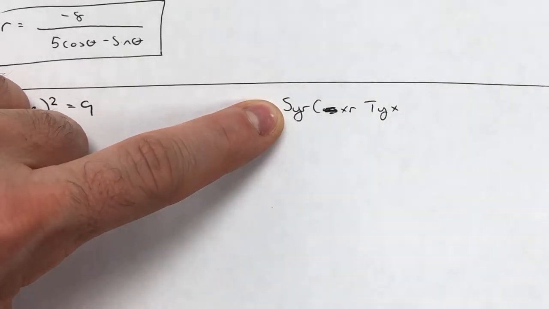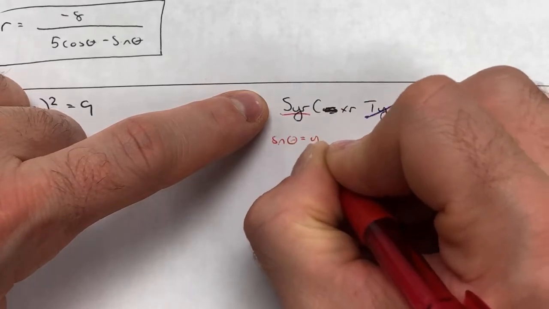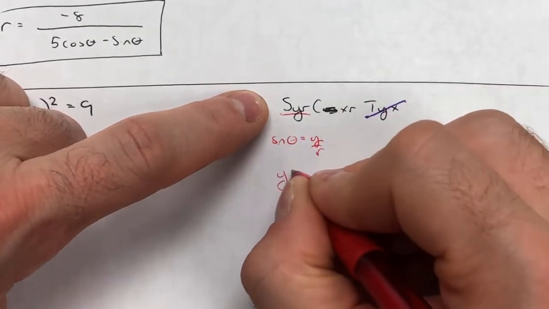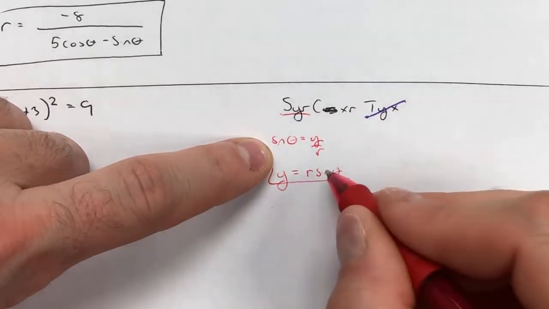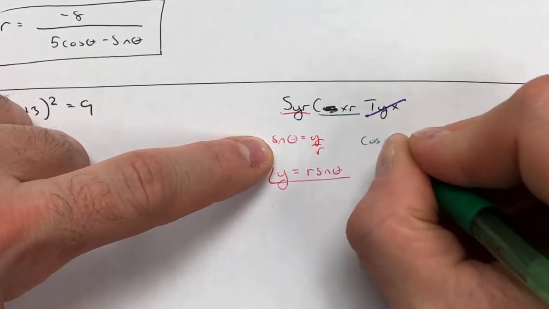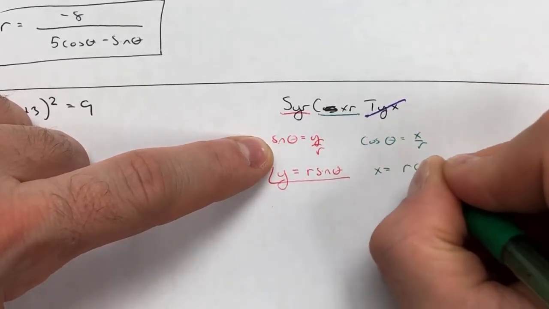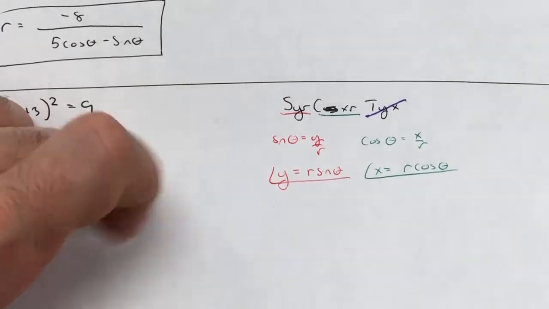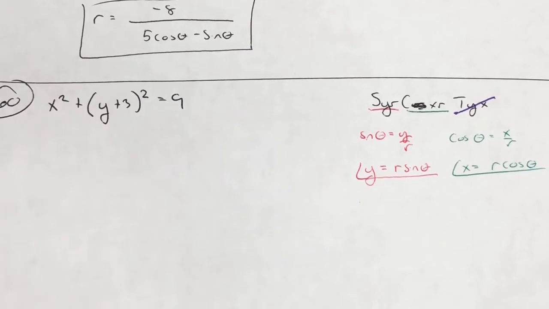If I want to change y's into r's and x's into r's, I'm not going to use tangent. I know that the sine of theta is equal to y over r, which means y has a good replacement of r sine theta. I can replace y with non-xy counterparts. For cosine of theta, that is x over r, which means x can be replaced with r cosine of theta. Good replacements.